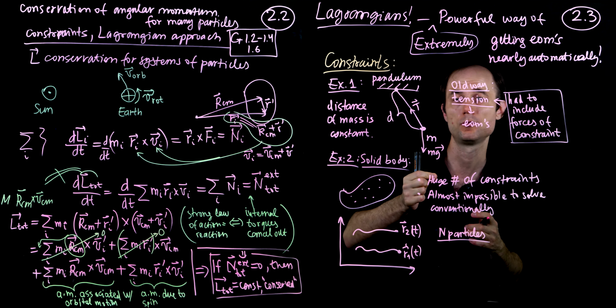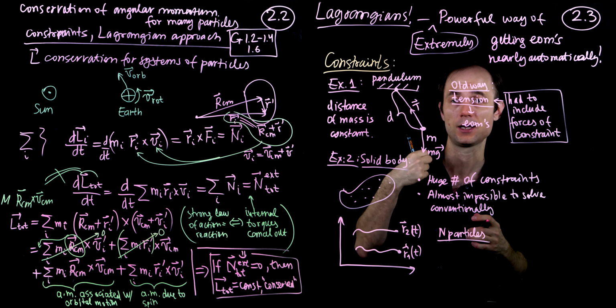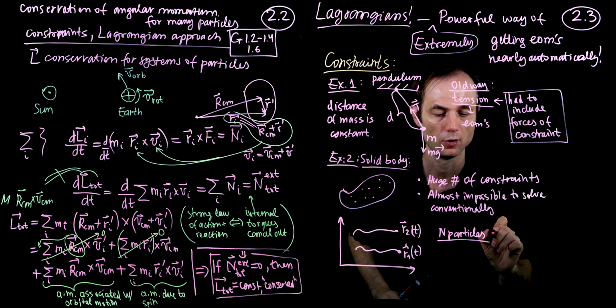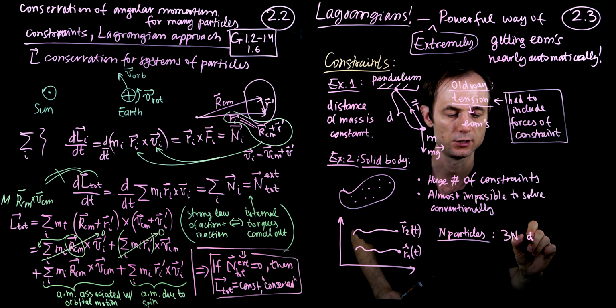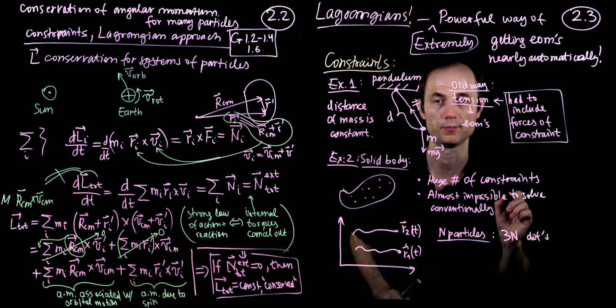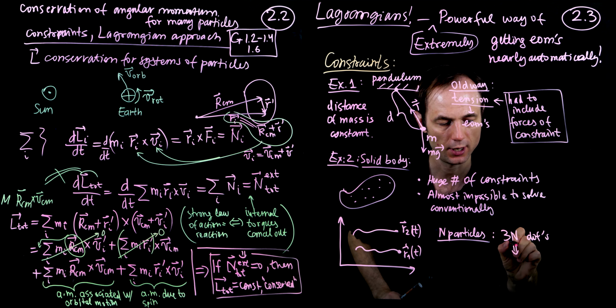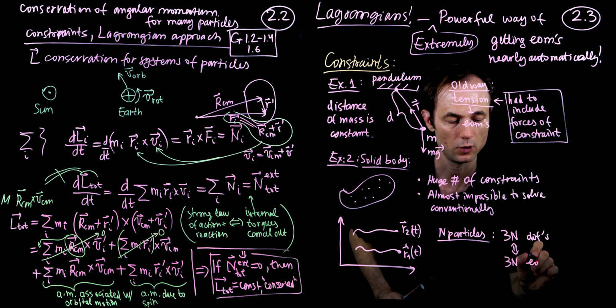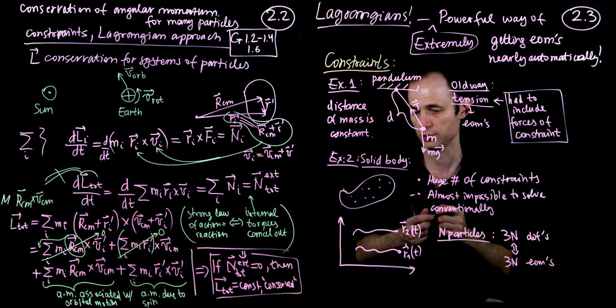Every particle can move up, down, left, right, and back and forth, right? So n particles means that there are 3n degrees of freedom, which also means that there are 3n equations of motion, one equation of motion per degree of freedom.